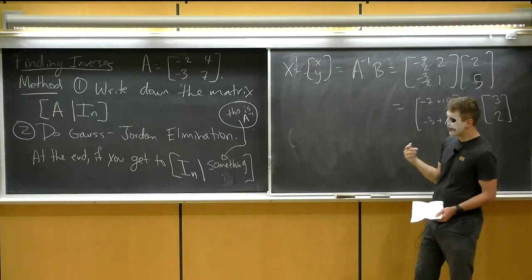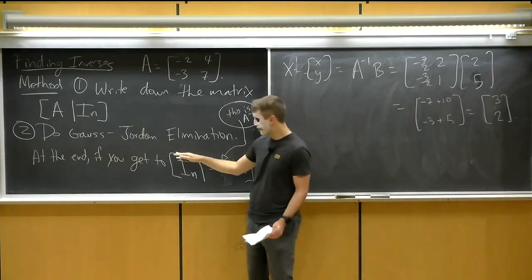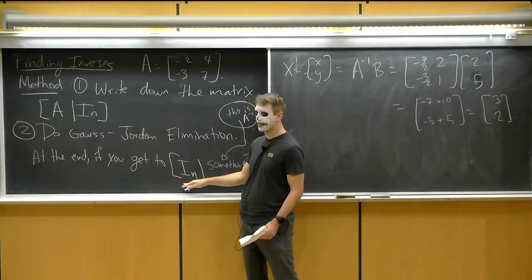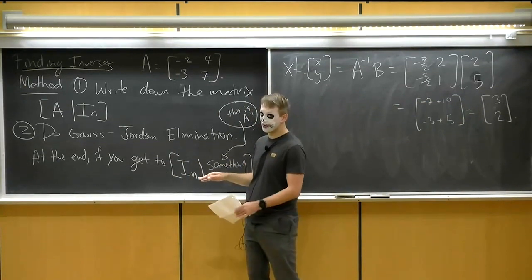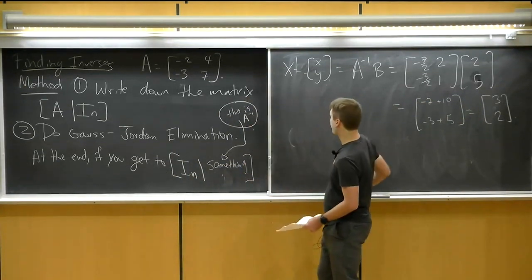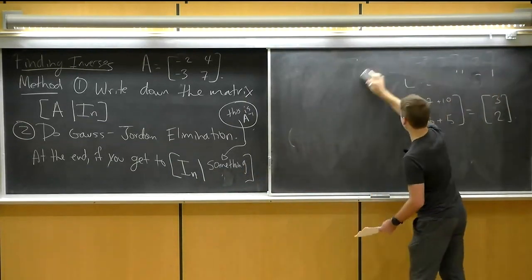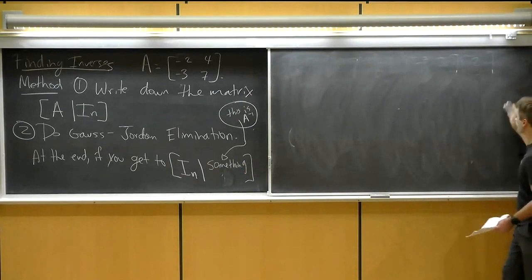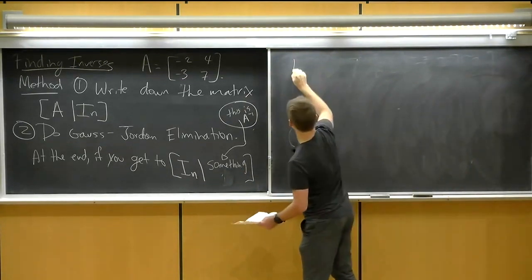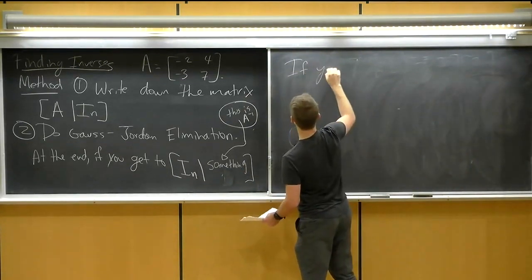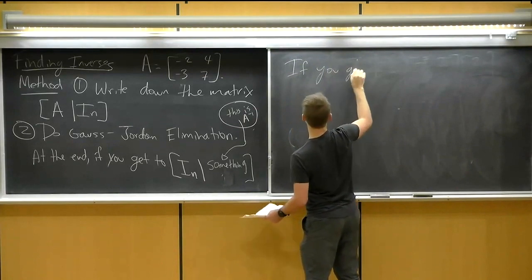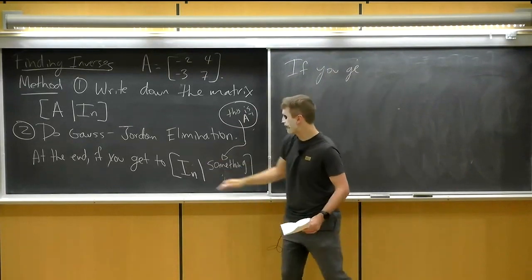However, if you get to anything else, so if you're not able to make this into the identity, then there is no inverse. And that can only happen, it turns out, if you end up with a row of zeros. When I say a row of zeros, I mean on the left side.